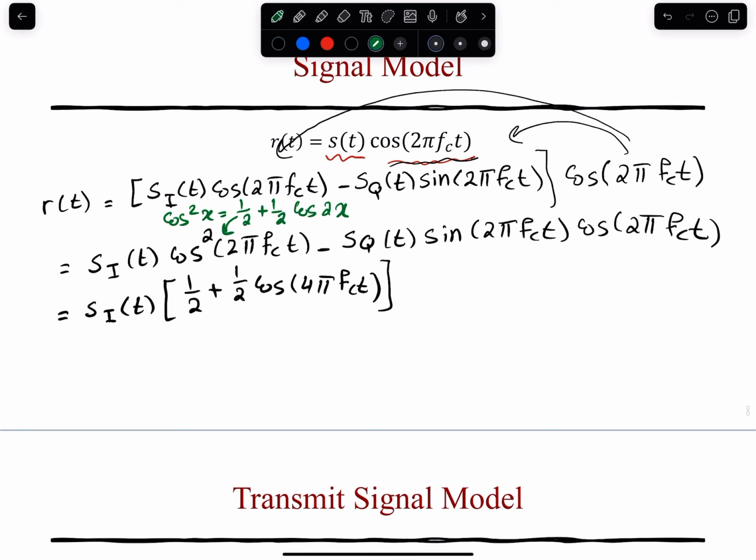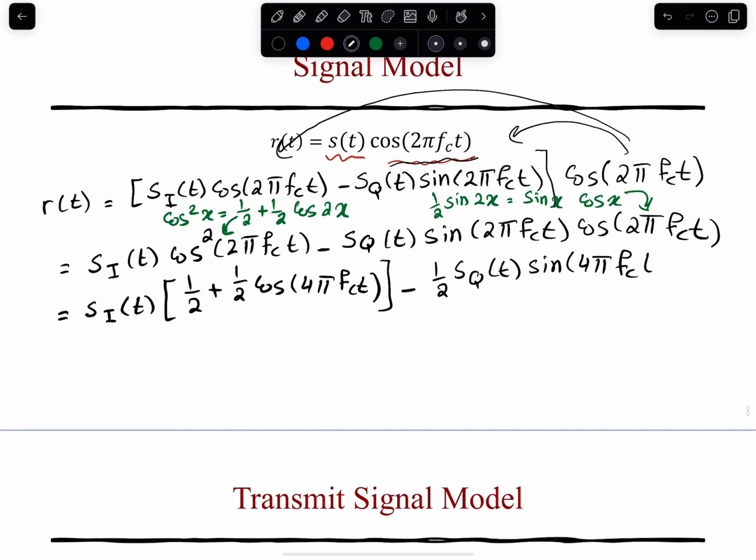Then we are going to use another trigonometric identity, which is basically half sine 2x equals sine x cosine x, to expand this term. So what we are going to have here is minus half s_Q(t) sine 4πfct.